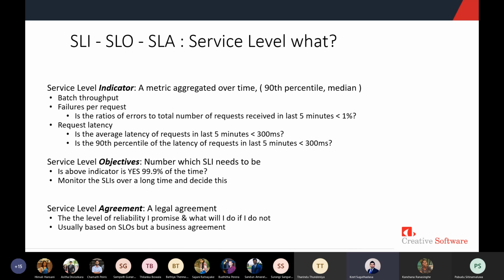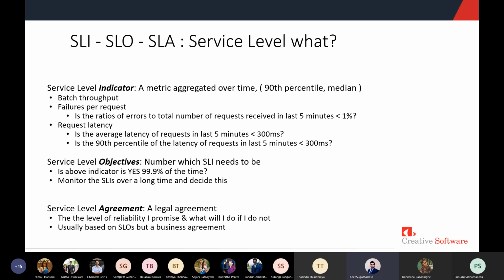And then we jump into the concept called service level agreements. This is where the legal binding comes in. You sign an agreement with the customer saying, we are willing to provide you a good service where our request latencies are less than 1 second for 99.9% of the time. We then sign an agreement saying that if we fail to provide this kind of availability to you, we will give you a discount.